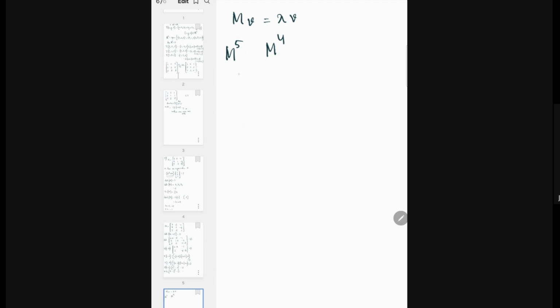Lambda to the power 5, with the same V. Right. Lambda to the power 5 is the eigenvalue of M to the power 5. Similarly, lambda to the power 4 is also an eigenvalue for M to the power 4.